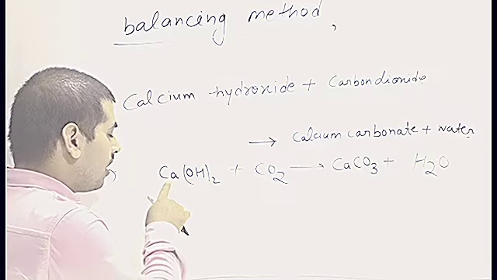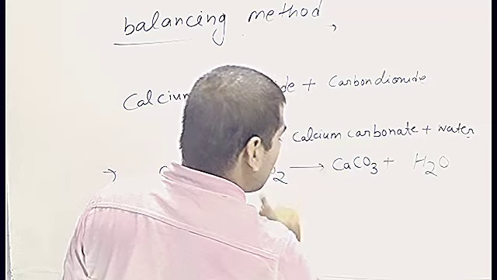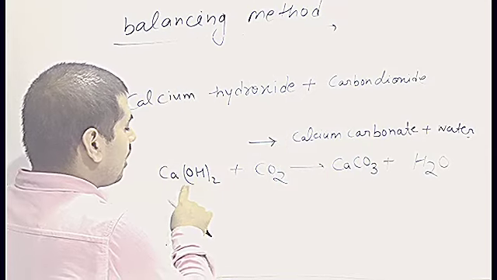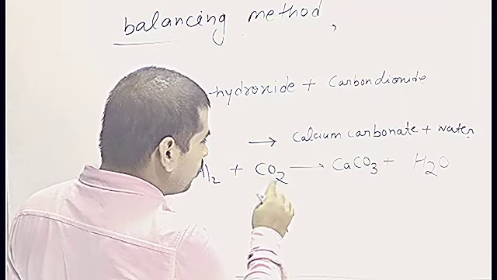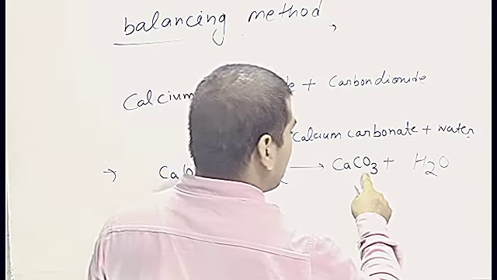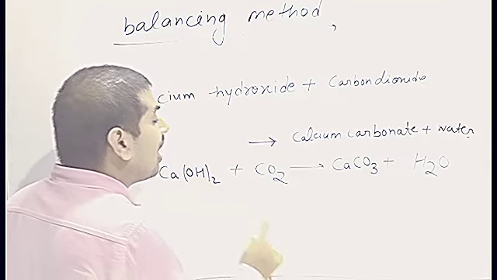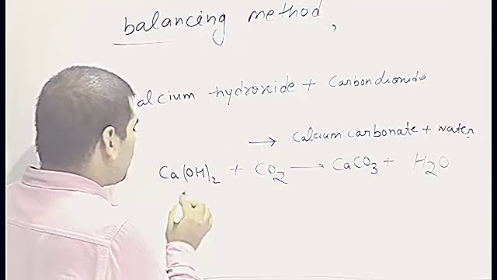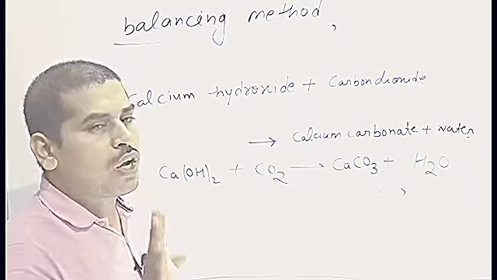So here one calcium atom and also here one calcium atom is present. Here the total number of oxygen atoms is 2 and 2 means 4, and here 3 plus 1 is 4 oxygen atoms, also 2 hydrogen and 2 hydrogen, means this is a balanced equation.